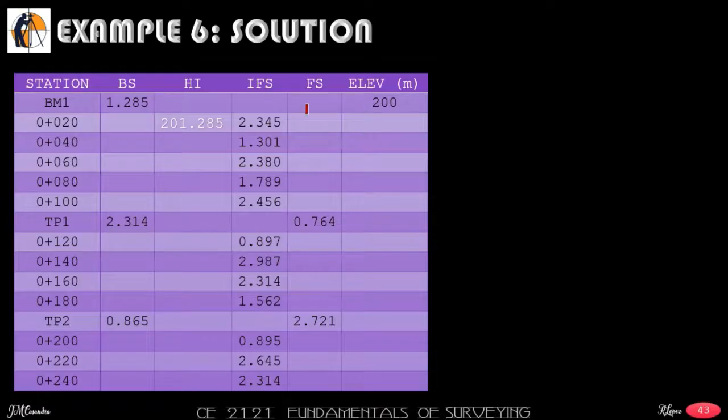So elevation plus backside, 201.285. Elevation now is HI minus IFS for 0 plus 020 until 0 plus 100. So that will be 198.94, 199.984.